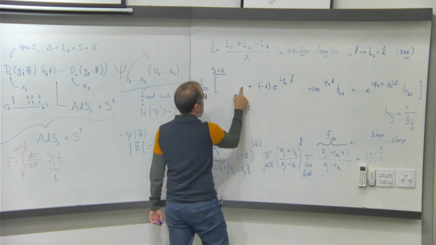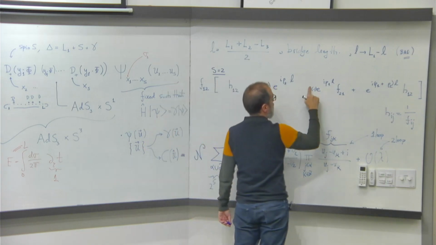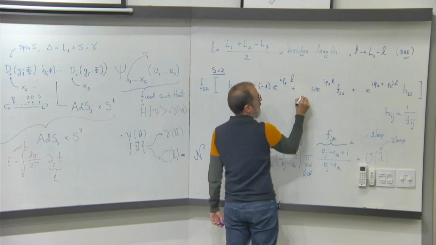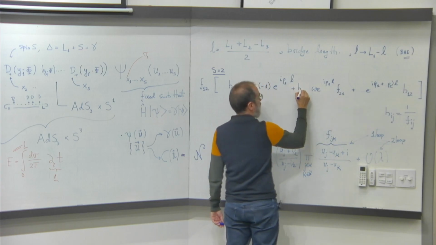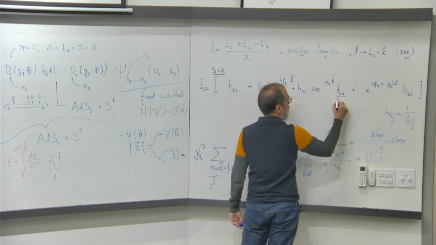Here I have nothing, here I have h12, and here I factored out f, so I have h12. And then I have the ratio of f to 1 over f12.